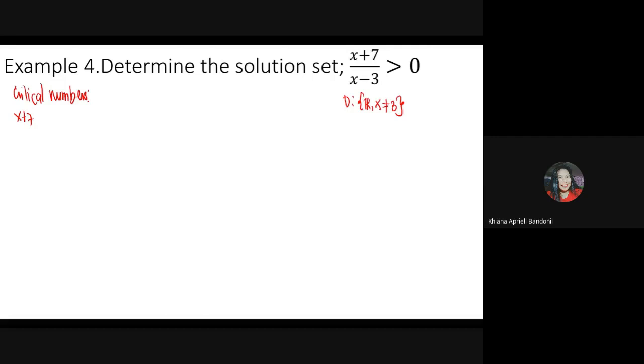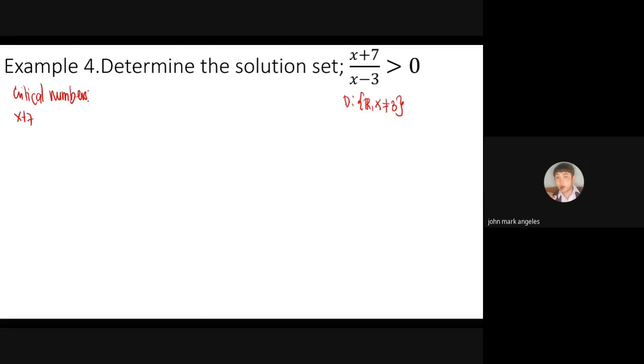Ay, bakit 1? Saan galing ang 1 John Mark? Wala naman tayong 1 dyan. 3 pala yun, sir. 3 pala. 3. Oh. The solution set is correct. From negative infinity to negative 7, union 3 to positive infinity.